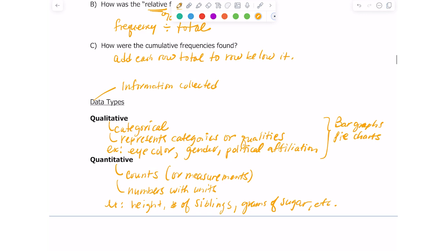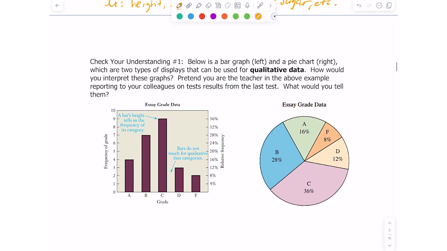So here we have a bar graph and a circle graph, okay, which again are used for qualitative data. How would you interpret these graphs? Pretend you're the teacher in the above example, reporting to your colleagues on test results from the last test. What would you tell them? So remember, these are essay grades. Okay, so how would you describe this?